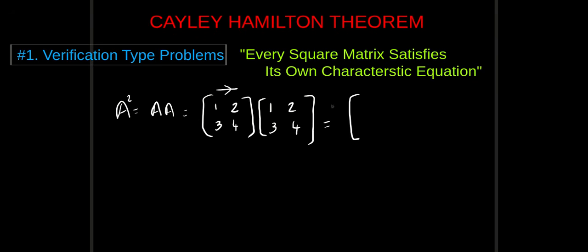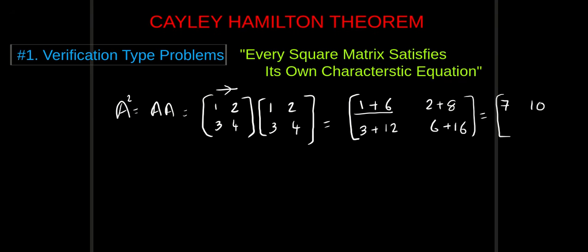So 1 into 1, that is 1, plus 2 into 3, 6, then 2 plus 8, and now the second row, so 3 plus 12 and 6 plus 16, and that is equal to 1 plus 6, 7, and 10, 15 and 22.